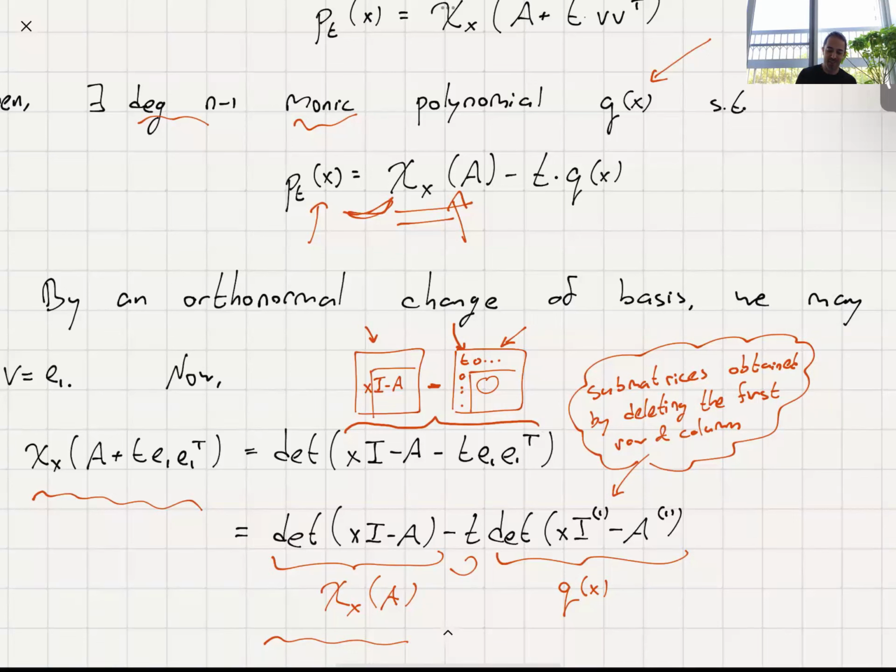So that's why you get the characteristic polynomial of A, minus t times a determinant, which is that of xI minus A with the first row and first column removed. And that function is clearly degree n minus 1 and monic in x.